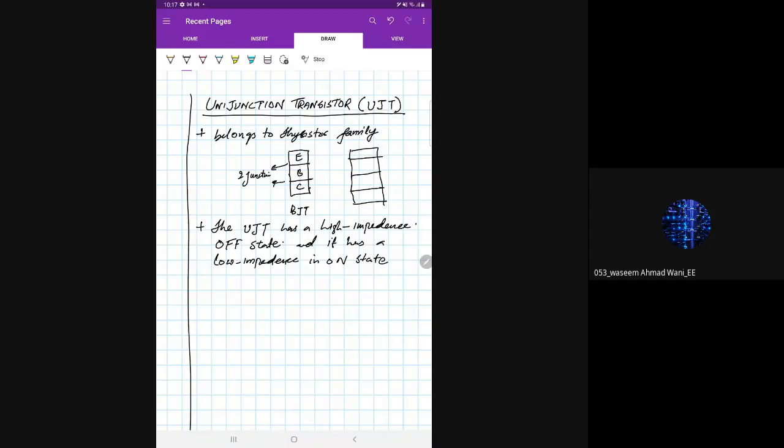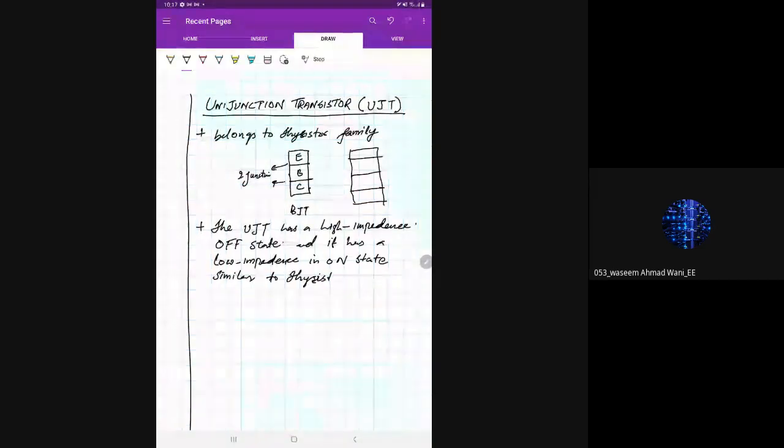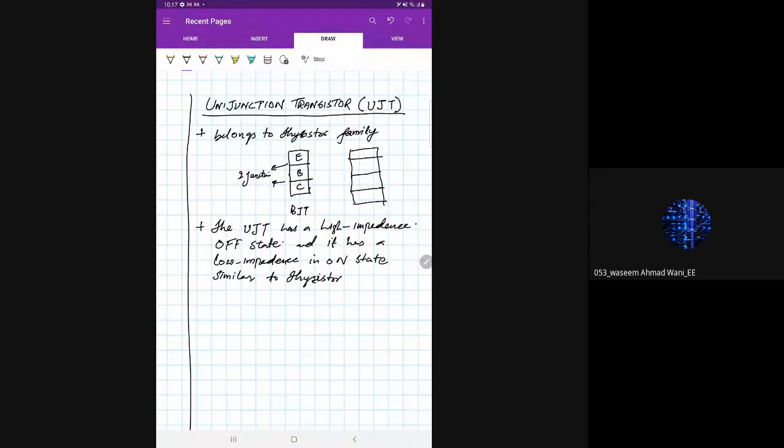This is similar to what happens in a thyristor also. In thyristor, you also have a very low impedance during on operation and a high impedance during off state. Okay. So this is similar to thyristor.